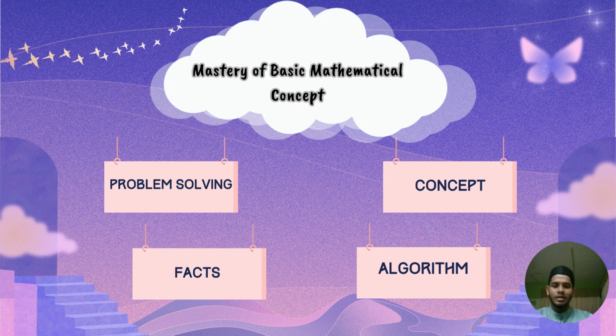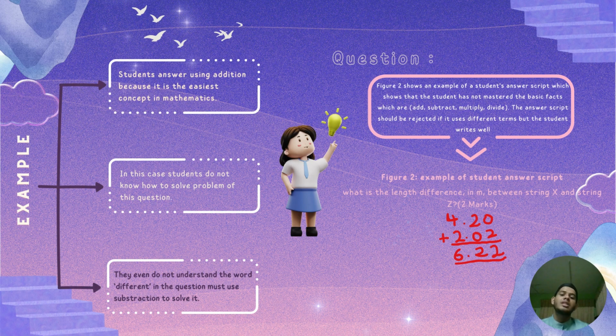This is an example of a situation where a student answers a very basic question, but answers it the wrong way. The question asks about the difference in length.